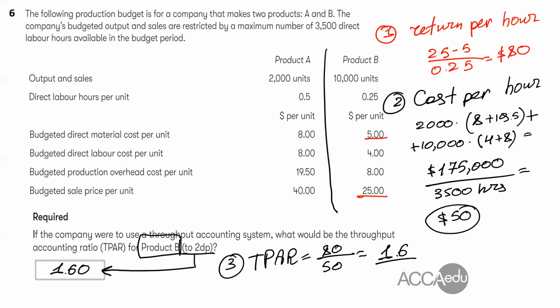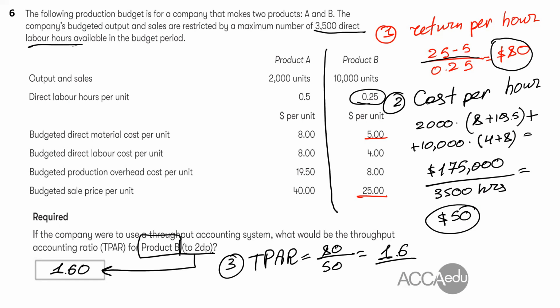So 25 selling price, 5 material costs on the numerator, on the denominator, divided by 0.25, because our limiting factor bottleneck is the direct labor hours. So we divide by how much time labor takes per unit and come up with the figure. So return per direct labor hour is $80.